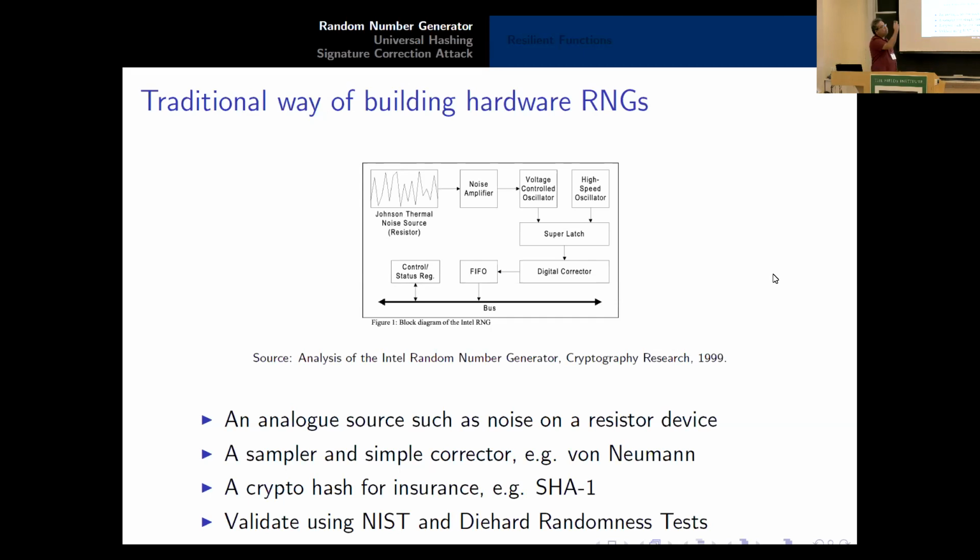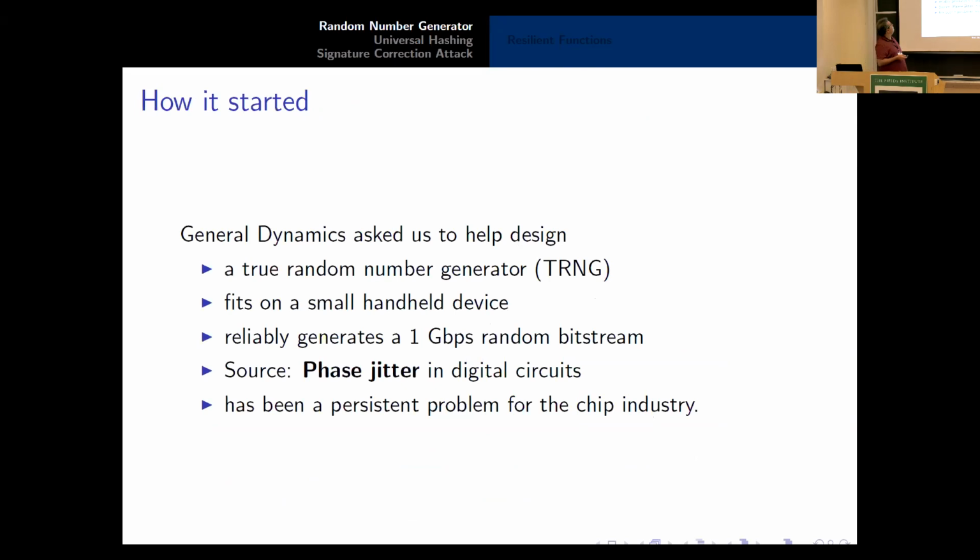There's variation on it. And we pick that up, post-process it, amplify it, and so on, lots of electronic processing. And then at the end of the day, we're still not sure about it. So what we do is apply something like von Neumann correction and, out of desperation, apply a cryptographic hash. And we said at the time, okay, there must be something better we can do.